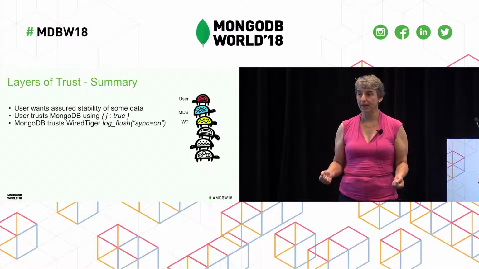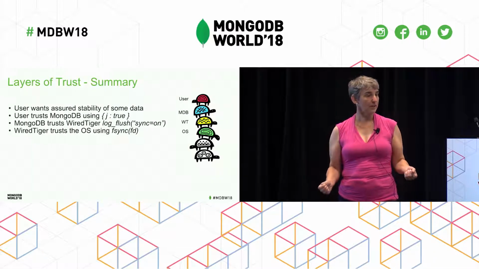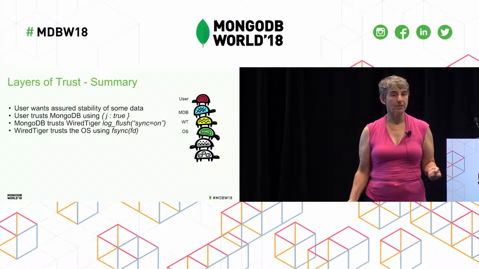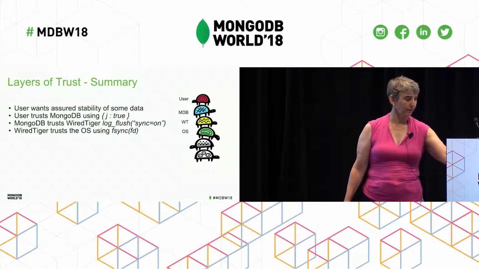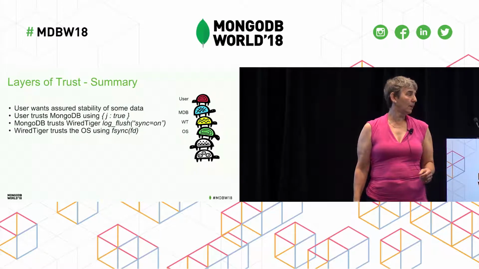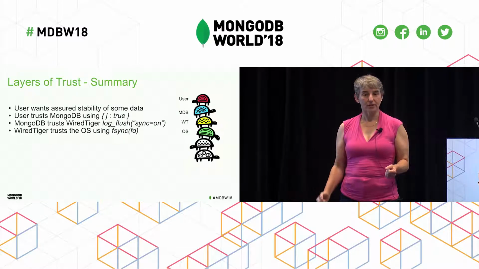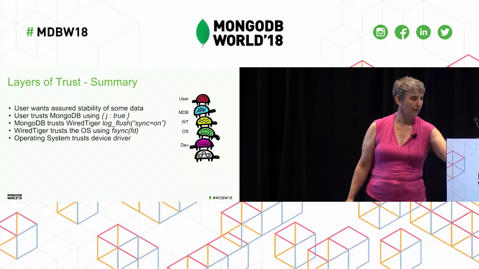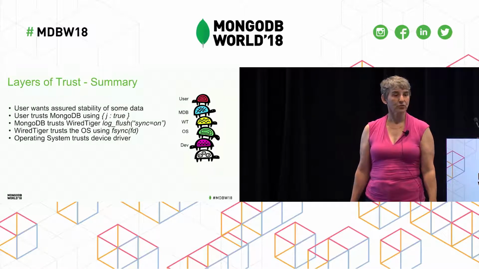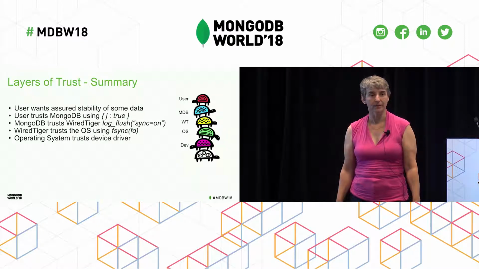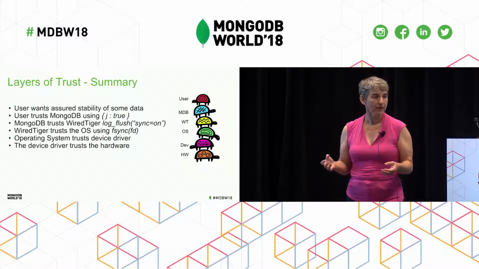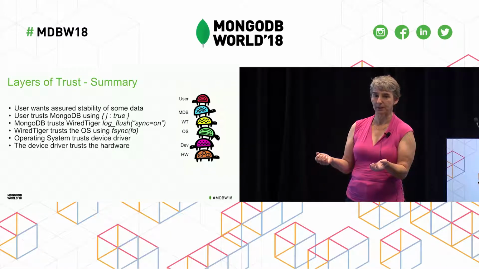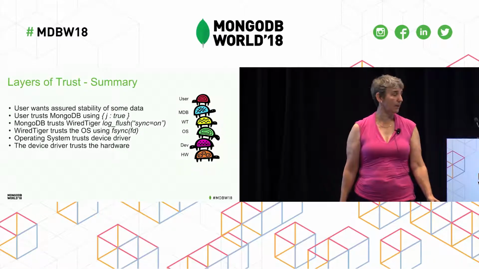WiredTiger is trusting the operating system and doing its fsync call and trusting that the operating system is going to sync the data. The operating system is trusting the device driver. And finally, the device driver is trusting the hardware. And that is how we go all the way from the user wishing for stability down to the disk itself.